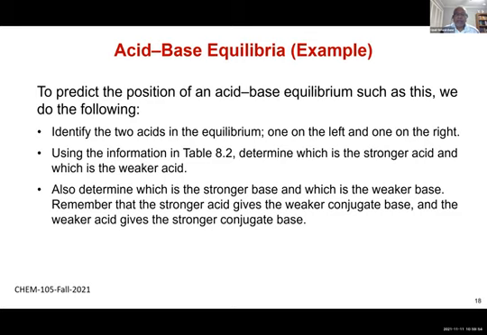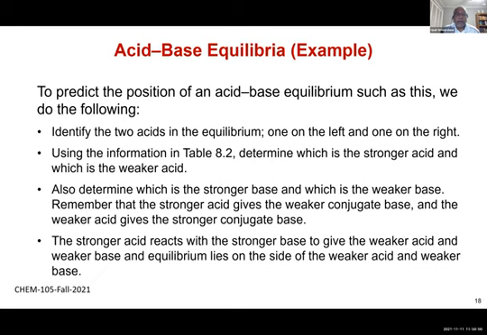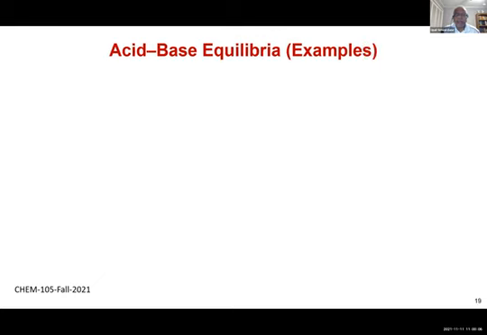So then you transfer the proton accordingly. The stronger acid reacts with the stronger base to give weaker acid and weaker base in the equilibrium.